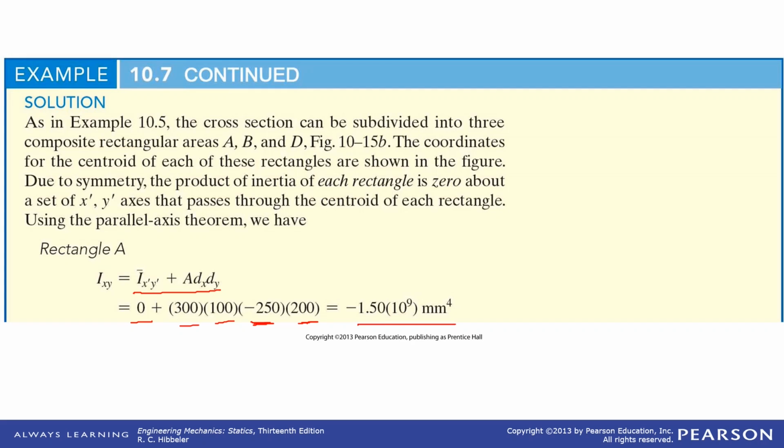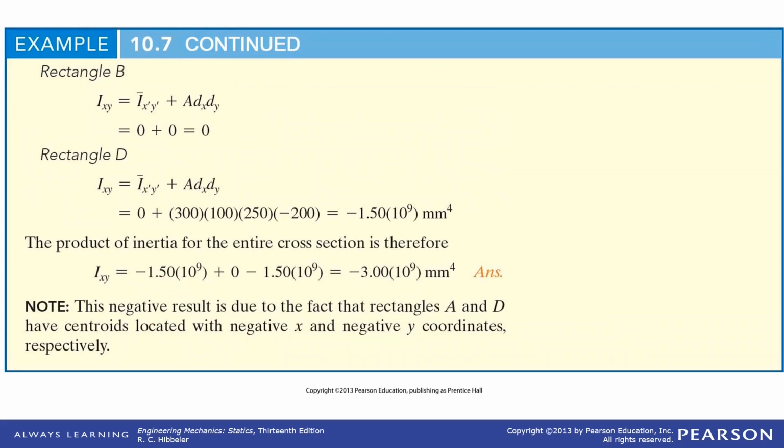So that's rectangle A only. The book is showing you rectangle A only. I put in both rectangles, so for both rectangles it should be -3 times 10 to the 9th millimeters to the 4th. There it is. There's the final answer.